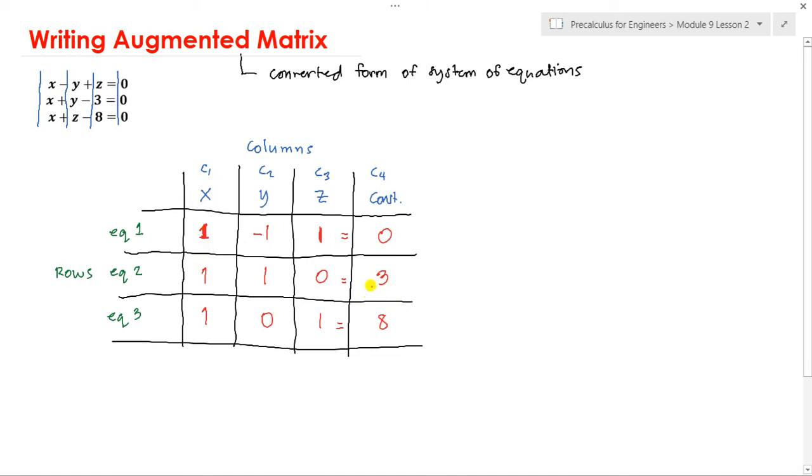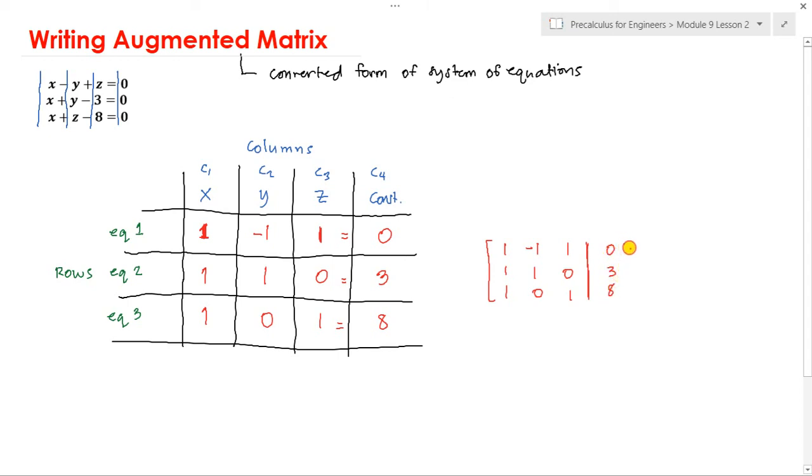Now, to represent this, it looks nicer if you use this brace. Then you list 1, 1, 1, then negative 1, 1, 0, then 1, 0, 1, and then you put a bar. That means after that bar comes the constant: 0, 3, and 8.